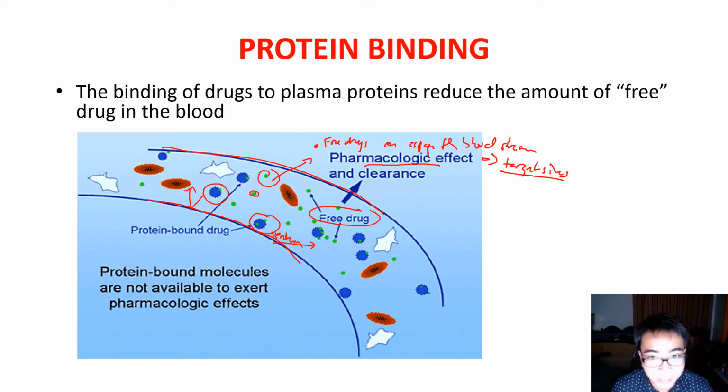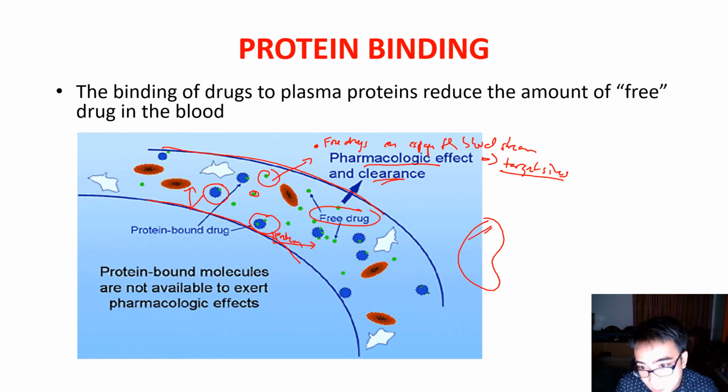Now, what about in terms of clearance? Again, class, remember that bound drugs are bound to large molecules such as protein. Kumbaga yung gamot natin, class, lumalaki siya. Now, once the drug is being transferred to the kidneys for elimination, normally, class, ang kidneys natin serves as a filter. Ito kunwari yung kidney.